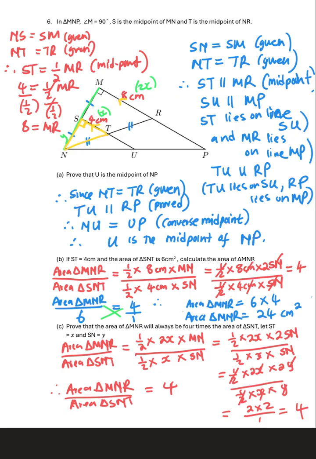If you do over 1 here, you do cross multiply, then you're going to have area of triangle MNR is 4 times the area of triangle SNT. Then we have proved.